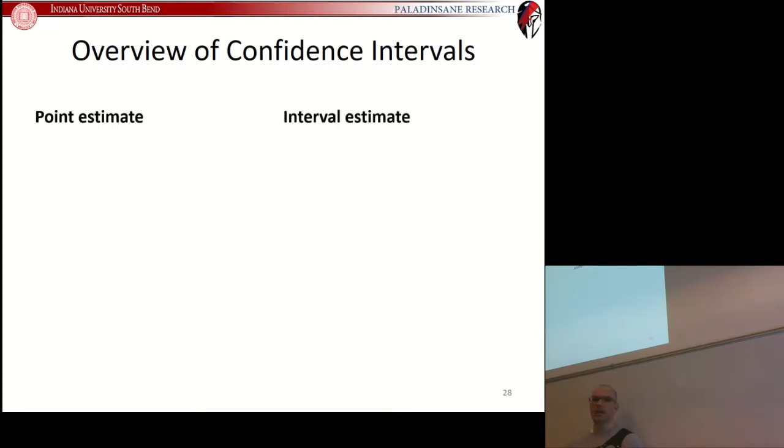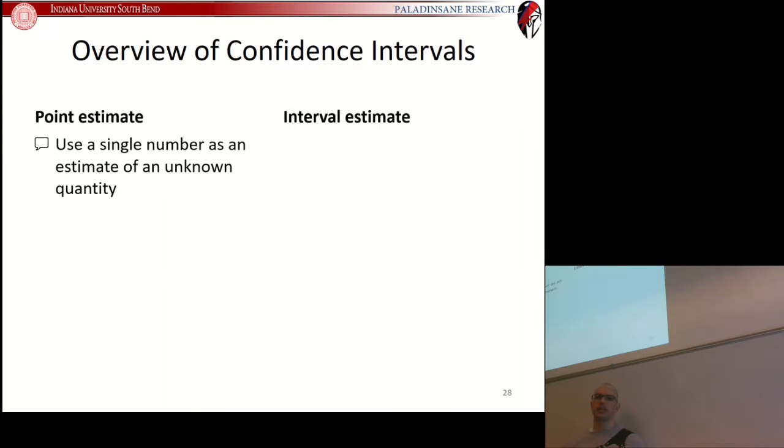Typically when you ask somebody to estimate a parameter in the real world, they're going to give you a point estimate. A point estimate is a single number that is used to estimate an unknown quantity. So if you are introducing one of your friends to your cousin that's visiting from Milwaukee, and your friend says, how tall is your cousin?